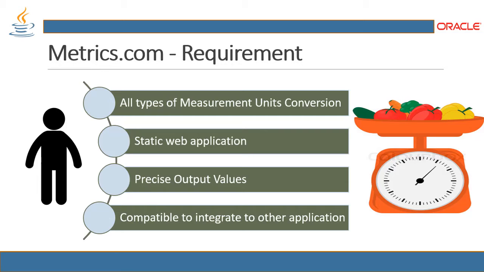Precise output values: it will give more precise and accurate converted values. It is compatible to integrate into other applications, so you can integrate it into your application as an extra feature. Since it does not include any kind of dynamic content, you can simply integrate it.